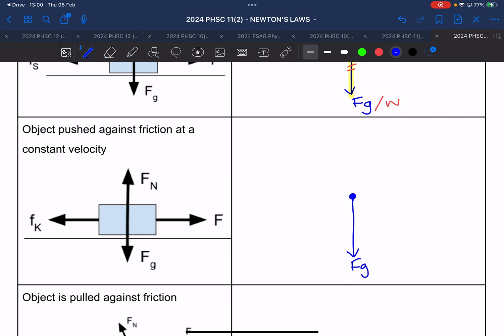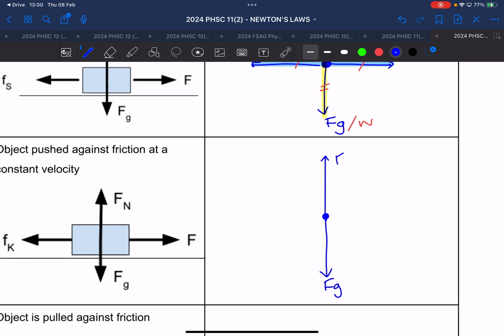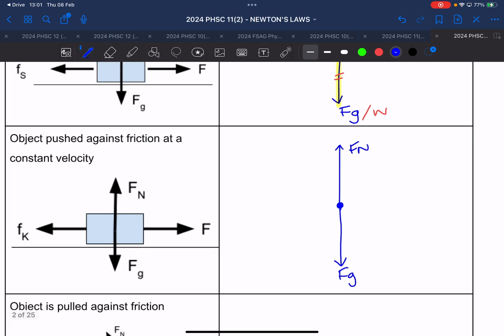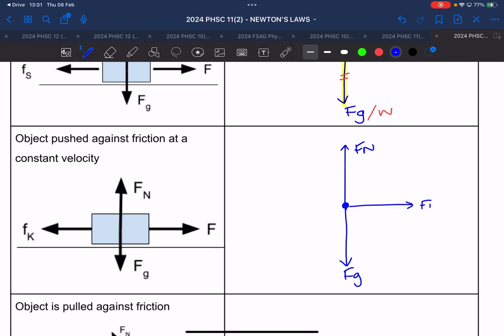Another force? Surface. Right, and then you see there's a force to the right, the applied force, and then you see there's kinetic friction to the left.